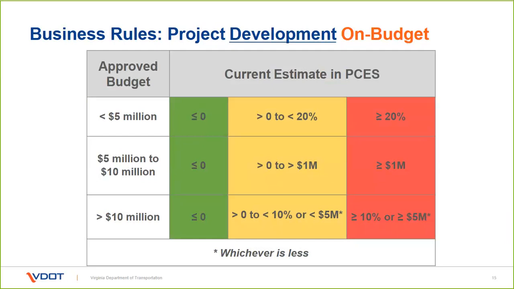In the $5 to $10 million range, it's in dollar amounts: zero to $1 million over is yellow, and over $1 million is red. Anything over $10 million is either a 10% range or $5 million, whichever is less. If you're over either one of those, then it goes into the red. So that's how we're tracking budgets on the development side.